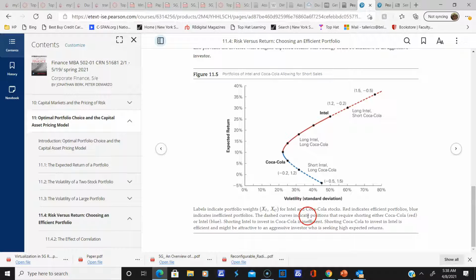Shorting Coke to invest in Intel is efficient and might be attractive to an aggressive investor. Only here do you start to see it become a solid blue, so you start moving up, getting higher return, and then it picks up from there. I just want to make the point that this is possible to do with short selling.